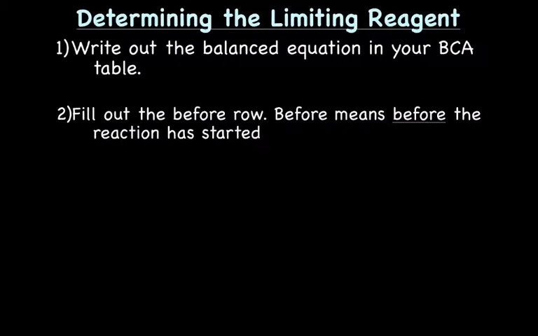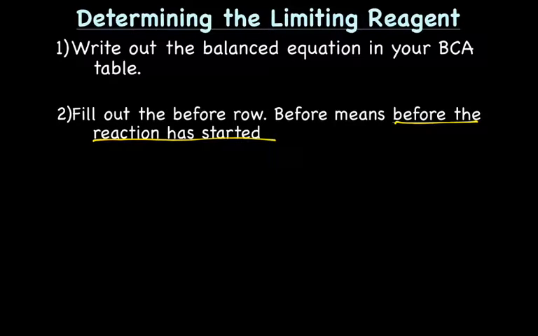Okay, let's go through the steps on how to determine the limiting reagent or limiting reactant. Good news is it's not much different than what we've been doing with our basic stoichiometry. There's just one major step different. So the first thing we're going to do, just like we've been doing, is fill out the before row, keeping in mind that before means before the reaction has even started.